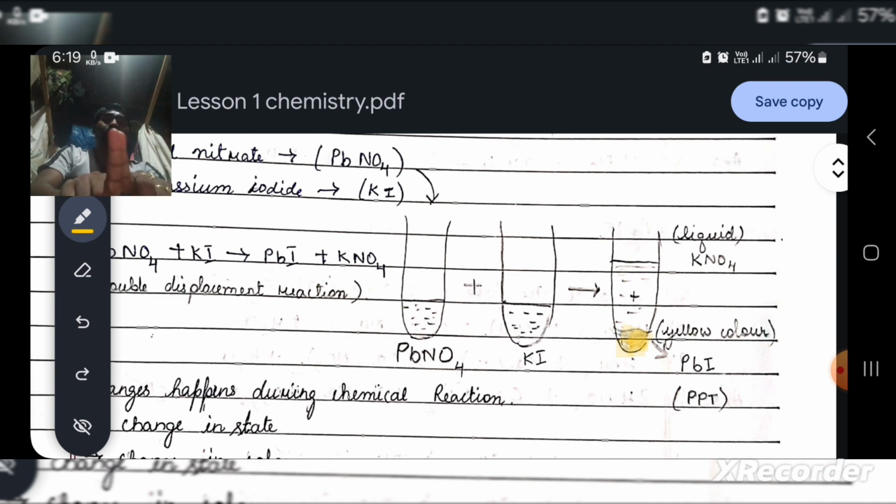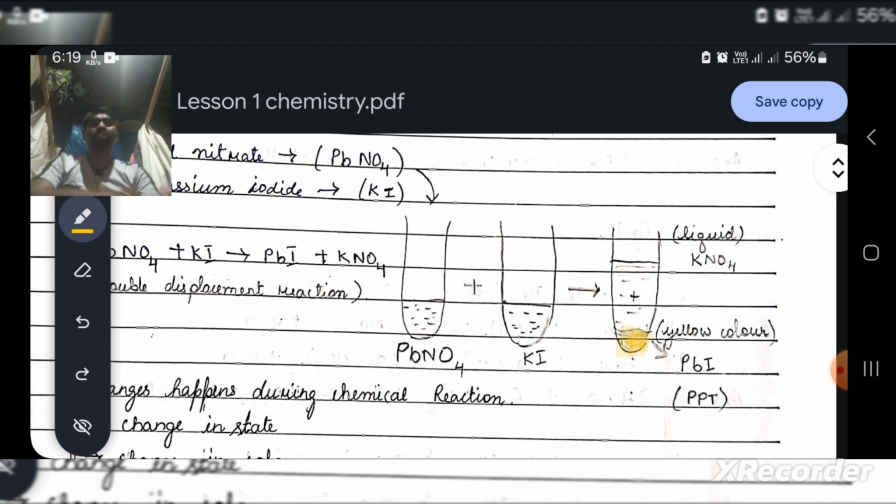When they have mixed each other, means they have reacted, they form two layers. One is potassium nitrate, the colorless liquid floating above, and at the bottom you can look at the yellow color PPT, that is lead iodide.